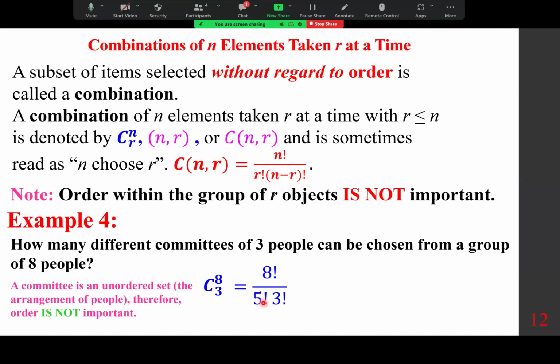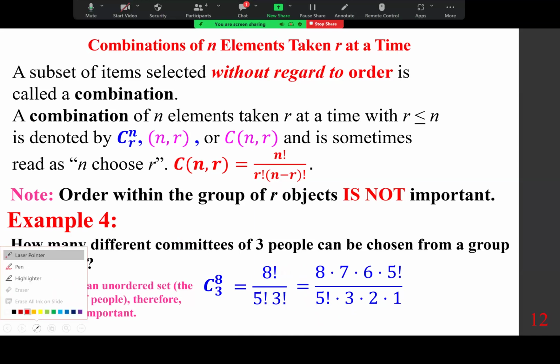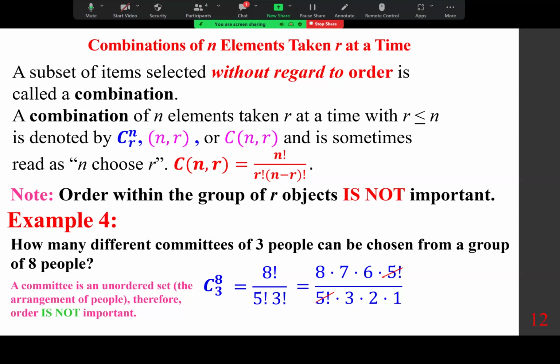So if you keep 5 factorial, you write the 8 factorial as 8 times 7 times 6 times 5 factorial, and 3 factorial is 3 times 2 times 1. And so here's how we simplify them. We know 5 factorial and 5 factorial cancel each other. We know 3 times 2 is the same as 6. So it's 8 times 7, or 56.